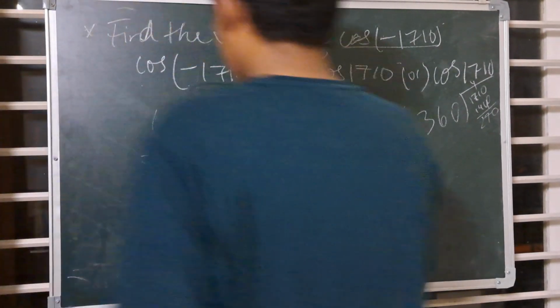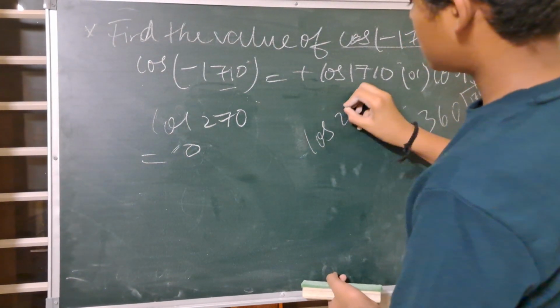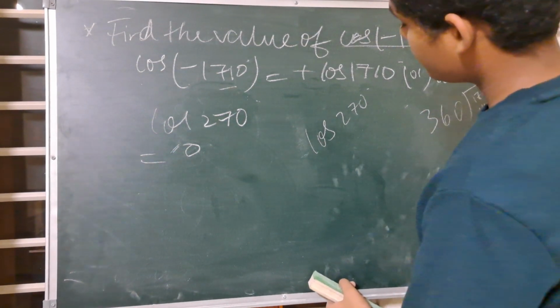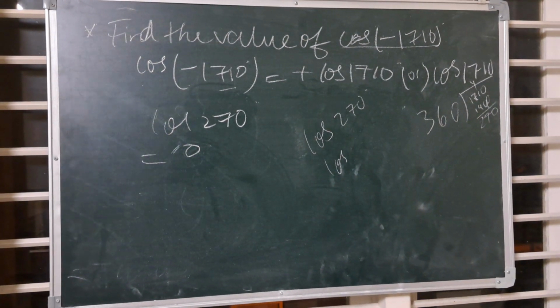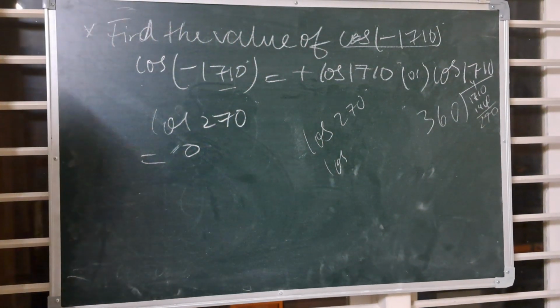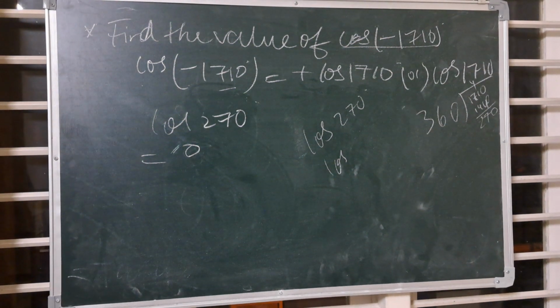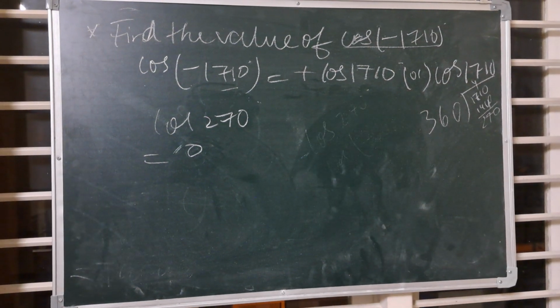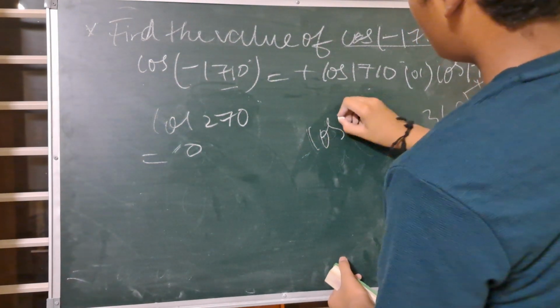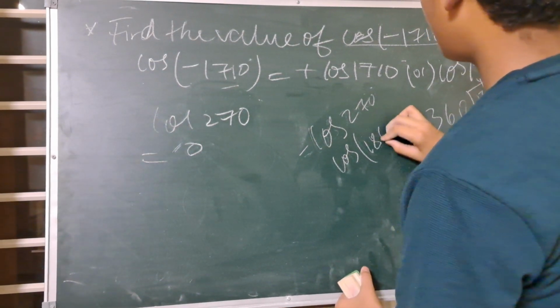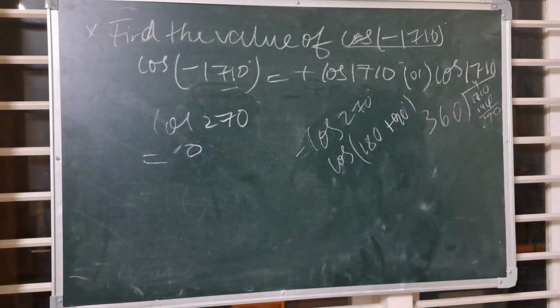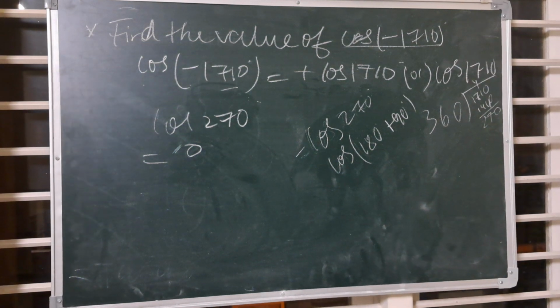So I'll solve this sum for you here. Cos of 270 degree can be written as cos of 180 plus 90 degree.